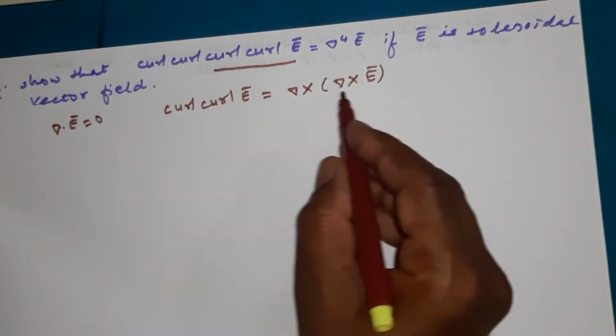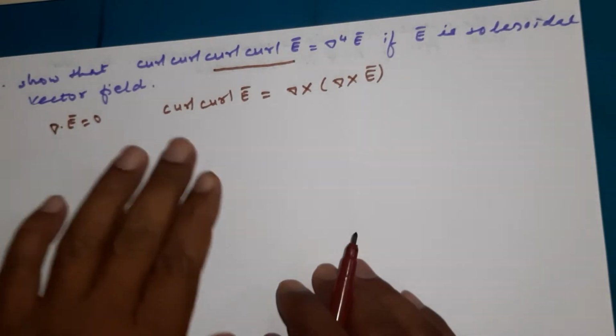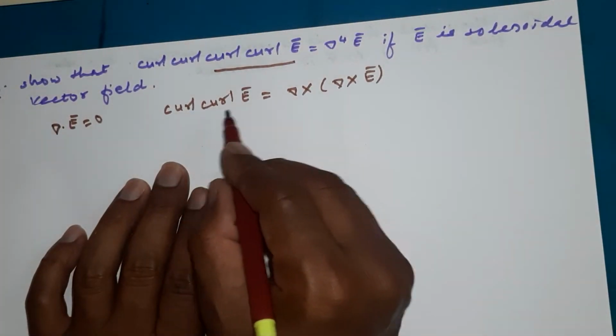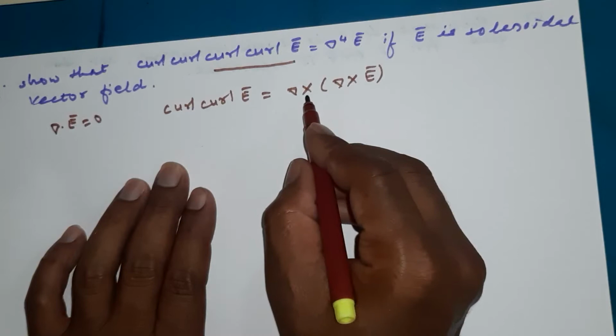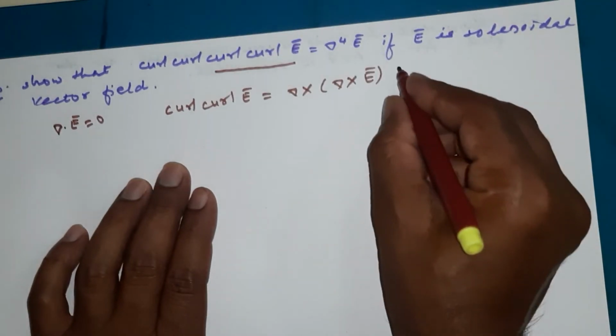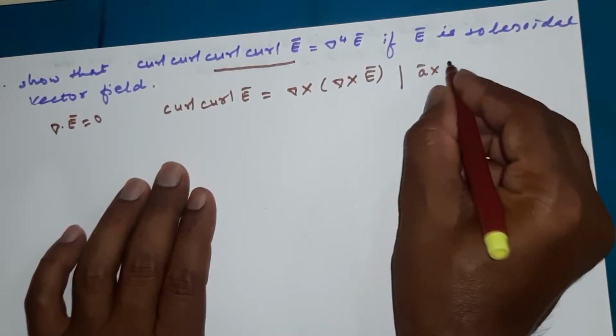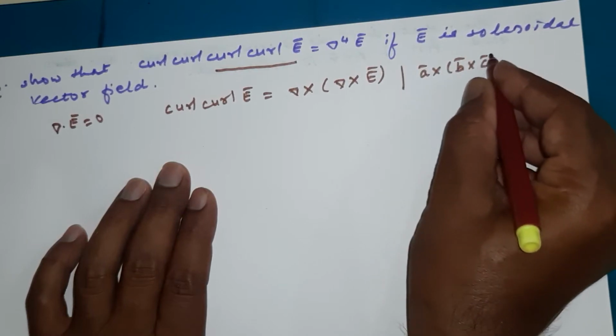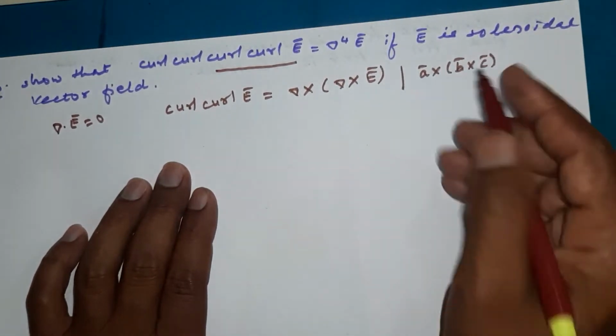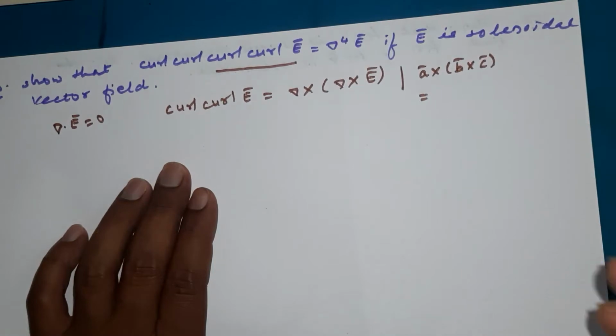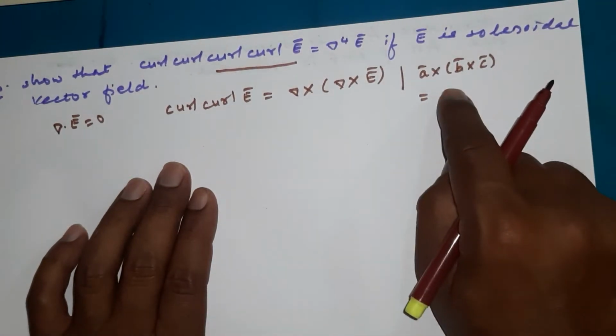Curl E bar means del cross E bar. Have you understood it? Curl of E bar means del cross E bar. Now we are going to use here A bar cross B bar cross C bar. I hope you have memorized this or studied well to get this one.